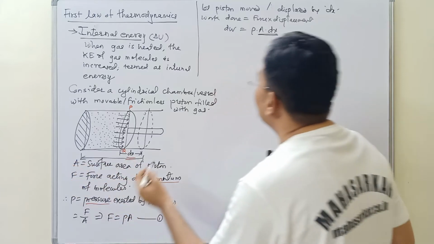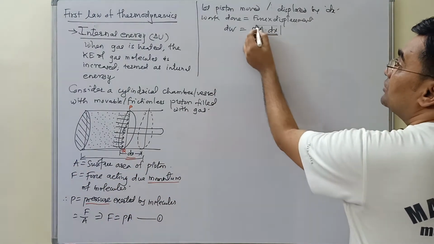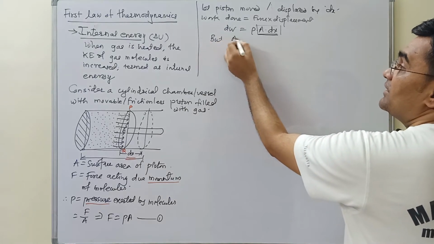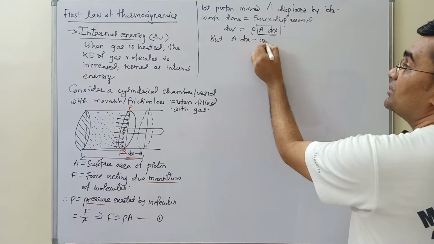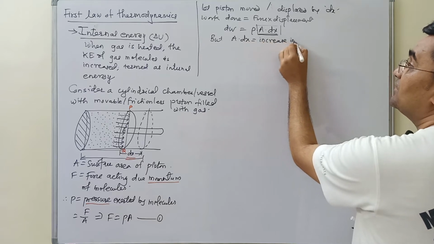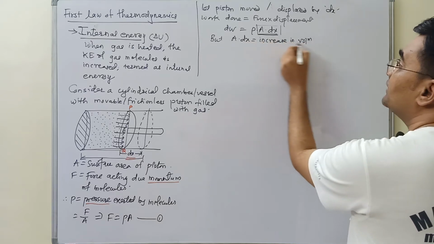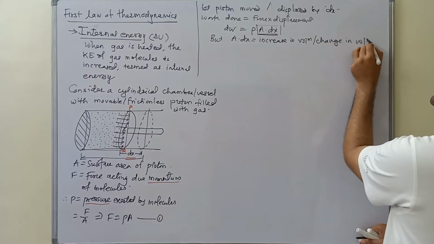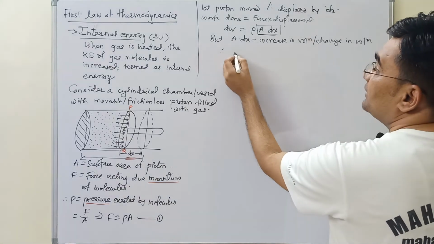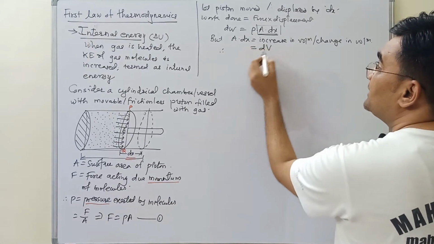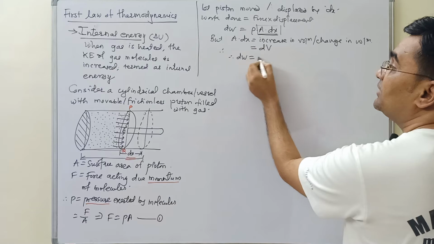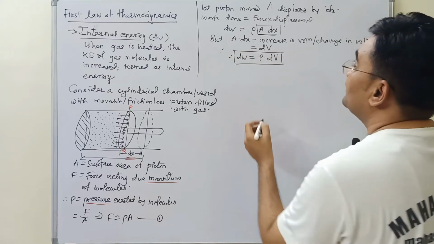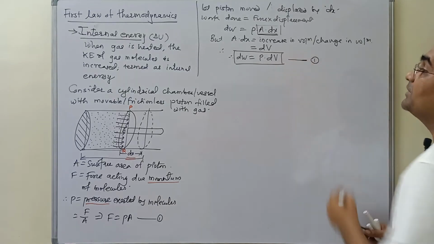So A into dx can be considered as the increase in volume, or instead of calling it increase in volume, we can call it change in the volume. So it is equal to dV. Therefore work done dW equals P into dV. This will be the basic formula that we will always require to solve numericals.